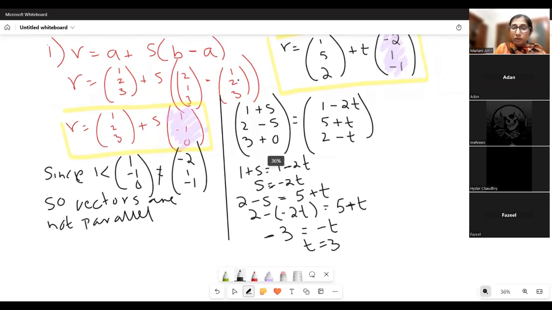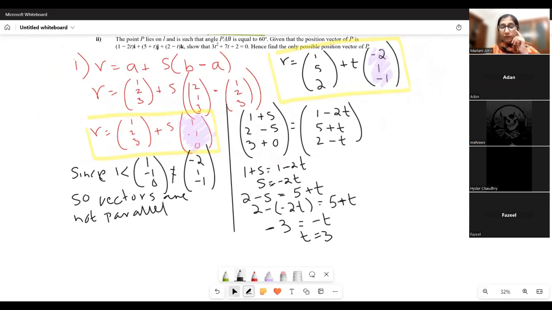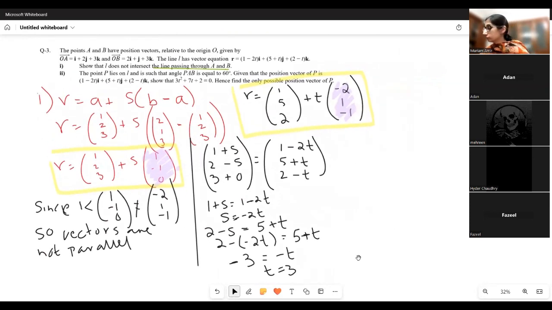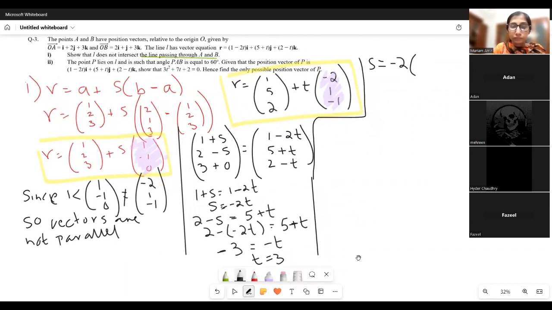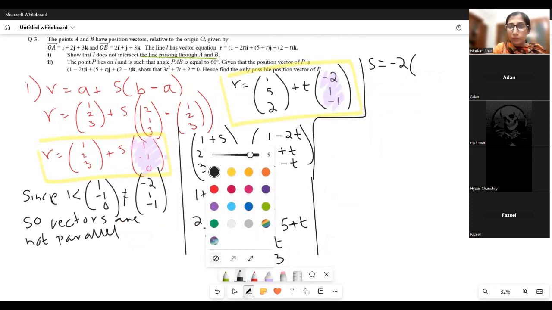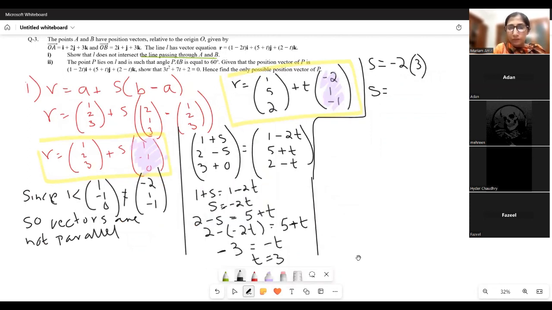I hope everybody got this. Let me check as well. So t is 3. Now, if t is 3, then s would be minus 2 times 3, which is going to be minus 6.